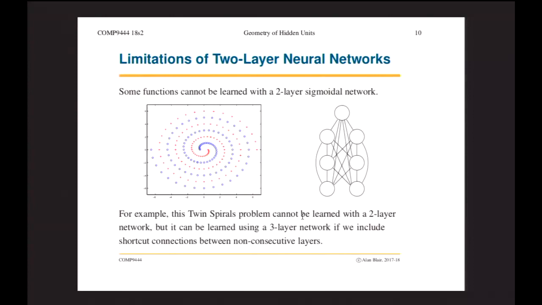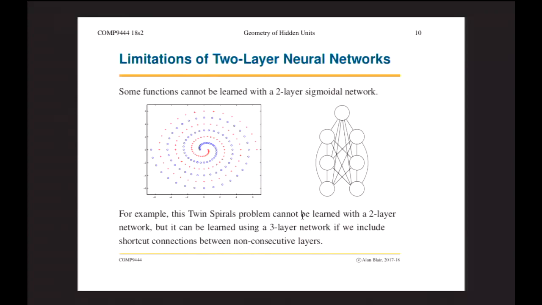Now, the other thing I wanted to talk about is the limitations of two-layer networks and the potential for multi-layer networks. In the early days, people almost always used very few layers in their neural network.